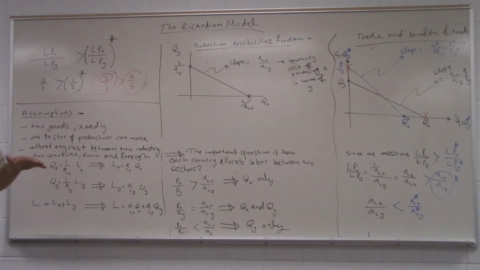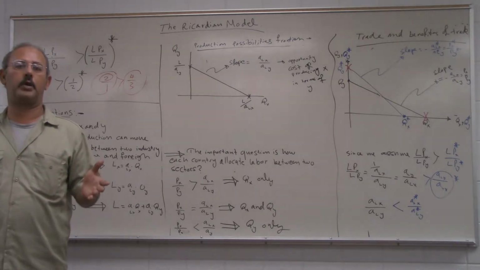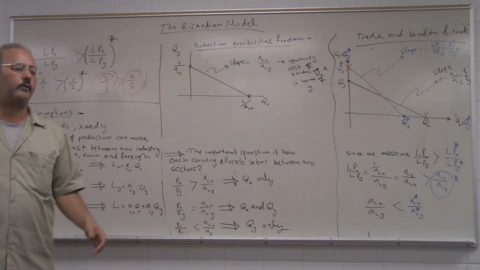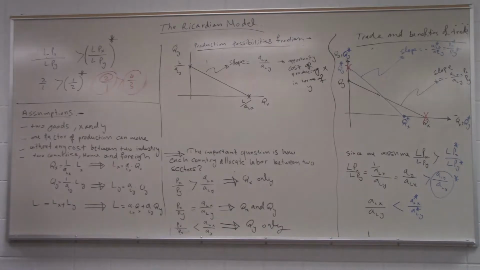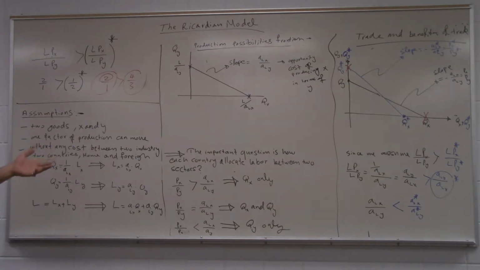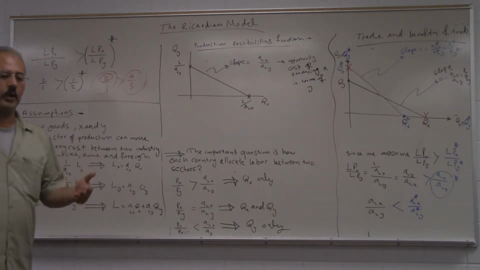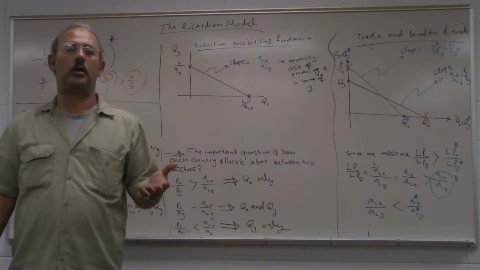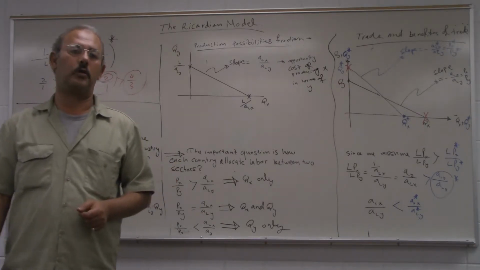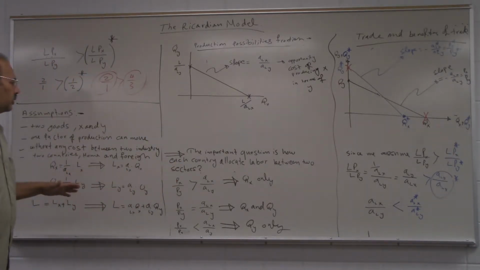Let's explain how the Ricardian model explains trade between countries of the world. We now talk about how the model works. First, the assumptions of the model.